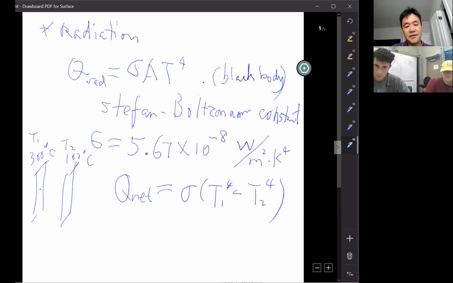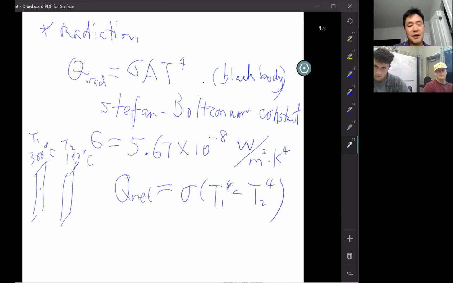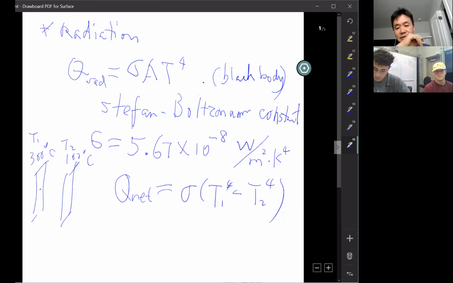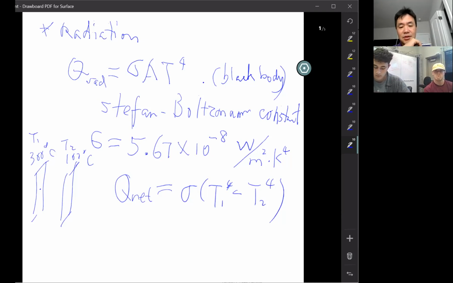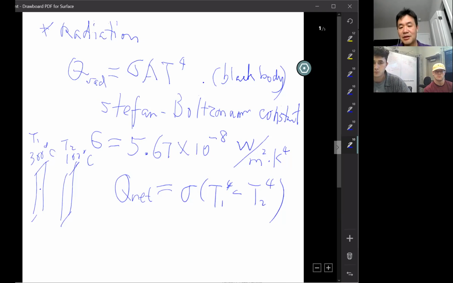That's for each surface. I think this is for T1. At the T1 surface, that is the net radiation heat transfer. But how about at T2? At the T2 surface, the net radiation will be negative. So it will be sigma times T2 to the power of 4 minus T1 to the power of 4, depending on which surface you're looking at.